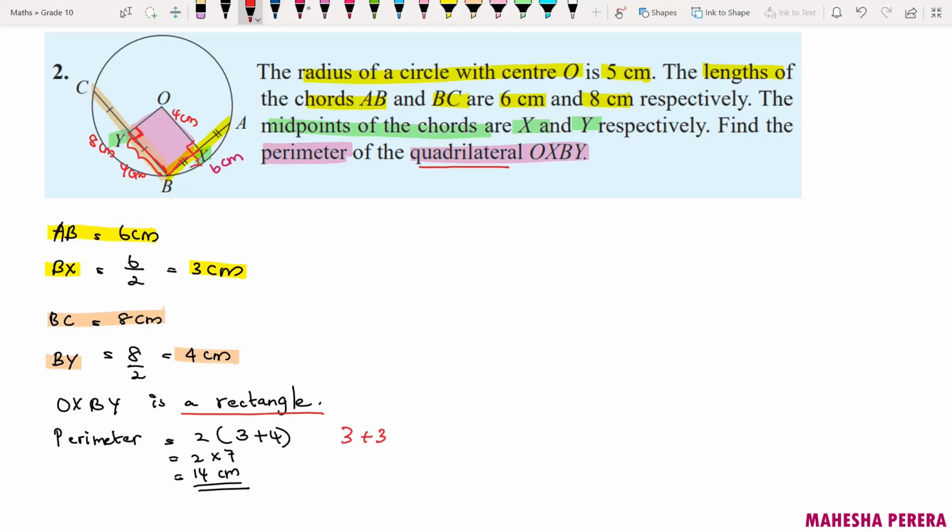And here this length is 3 centimeters and here also 3 centimeters. So 3 plus 3 plus 4 plus 4. So the perimeter is 14 centimeters.